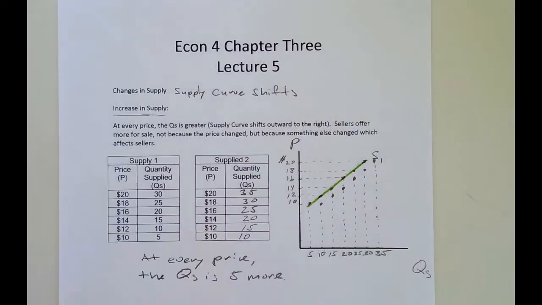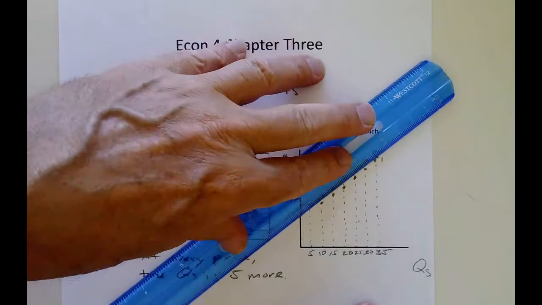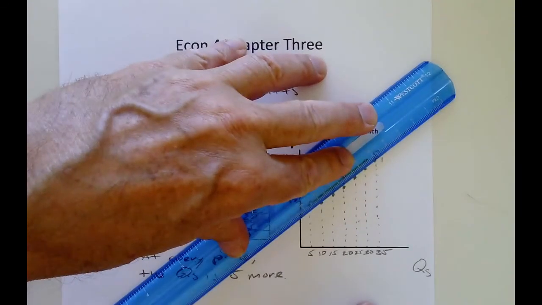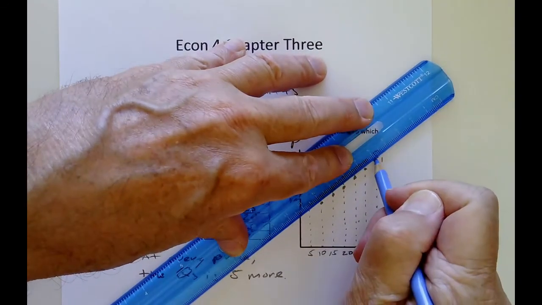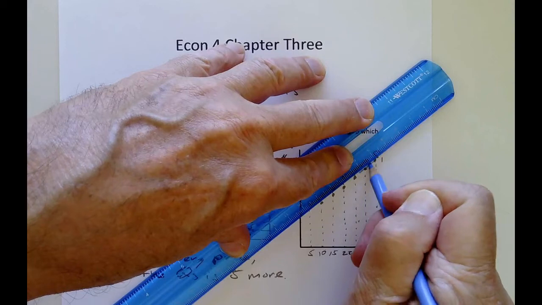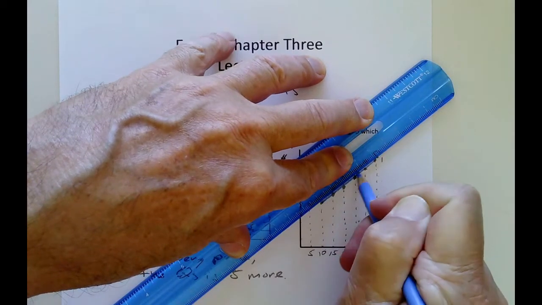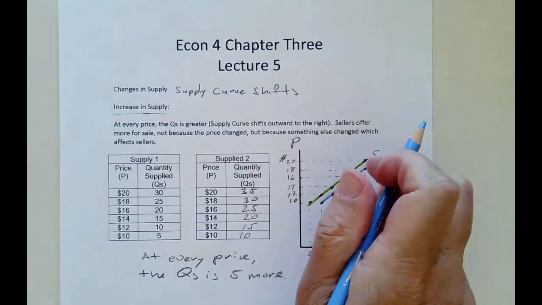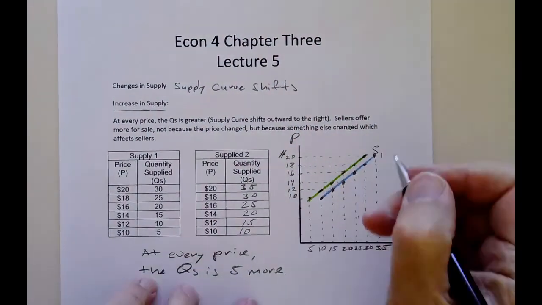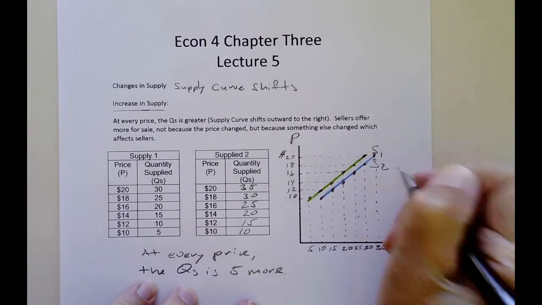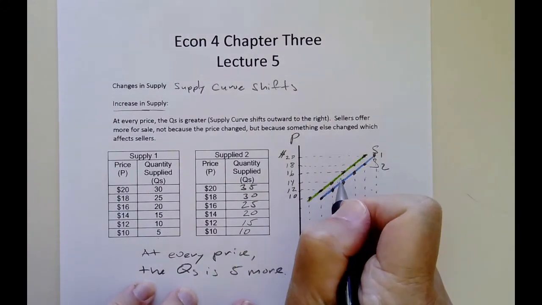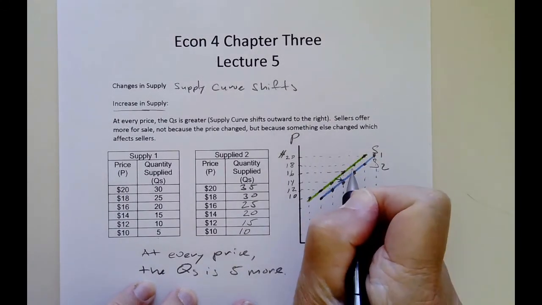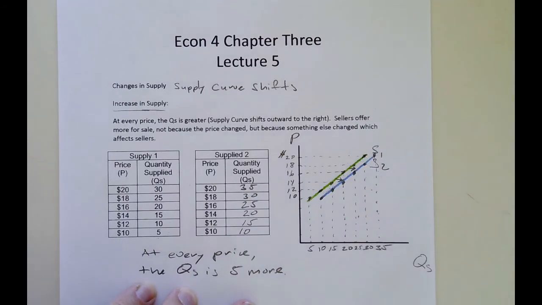Connect those points. We have supply S2. Again, we use arrows to show which way it's shifted. And this shows an increase in supply going out to the right.